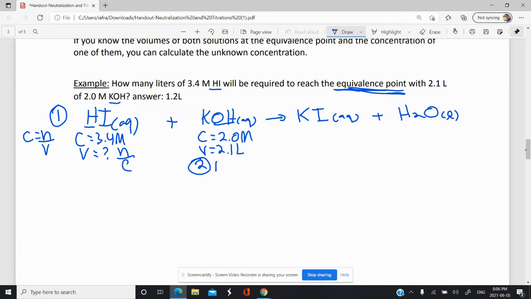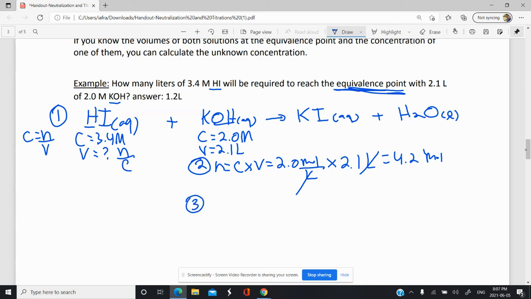We know that the moles is equal to C times V, which is equal to 2.0 moles per liter times the volume, 2.1 liters. You cancel those units out. You do your 2.1 times 2, and you get 4.2 moles. So we have 4.2 moles of KOH.